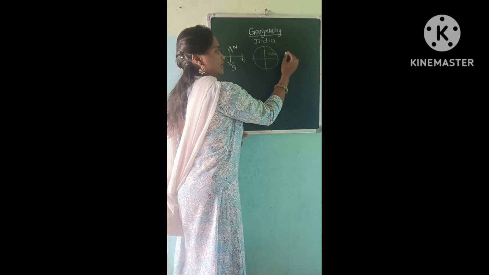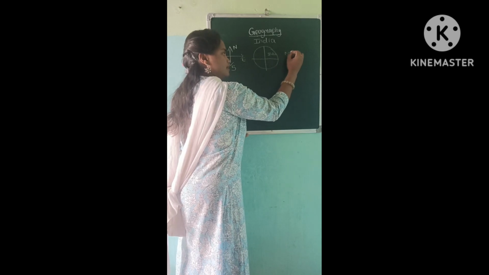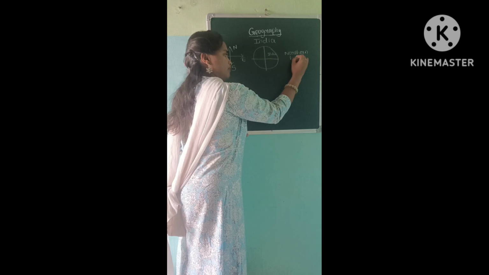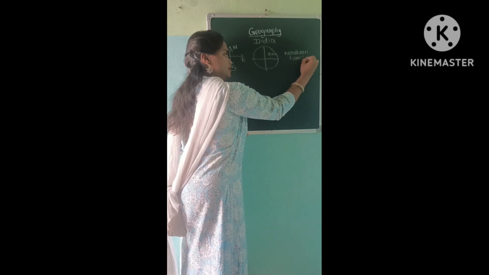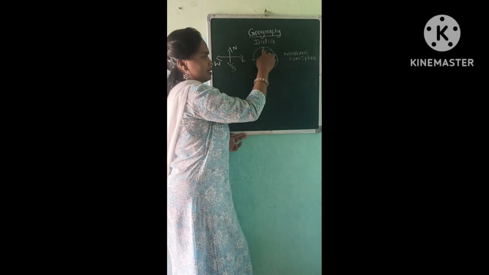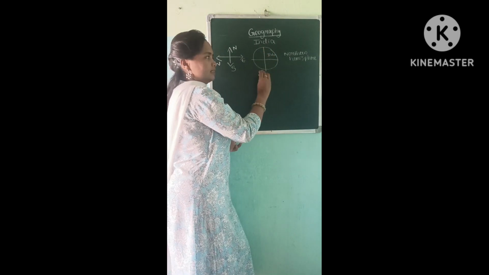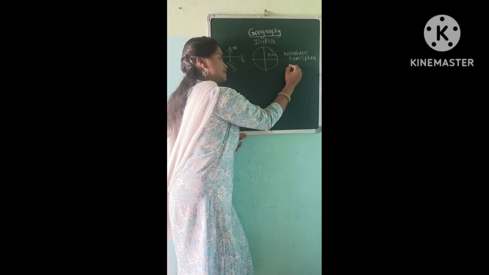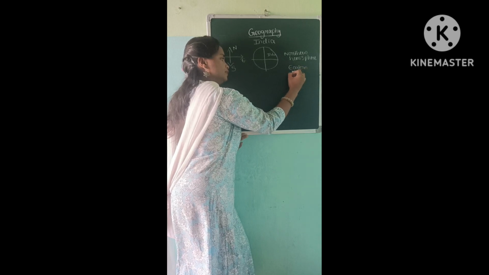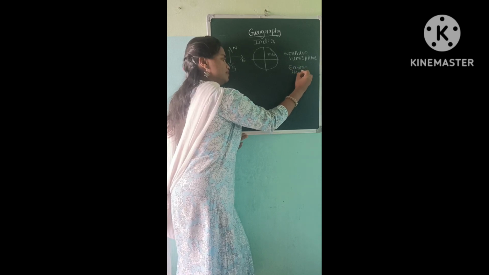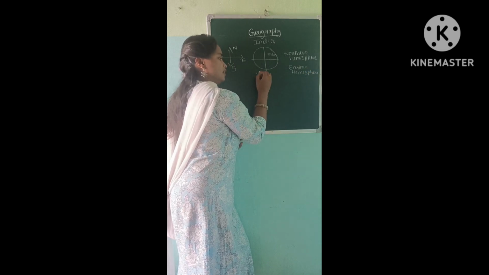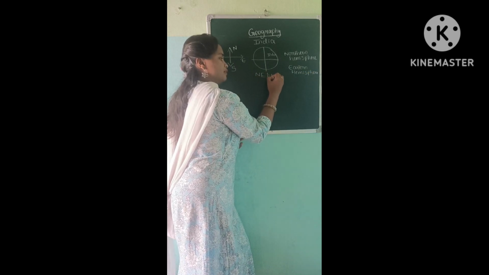That means India is in the northern hemisphere when we cut it horizontally. If we consider it vertically, then India is in the eastern hemisphere. That means, what is the location of India? India is in the northeastern hemisphere.